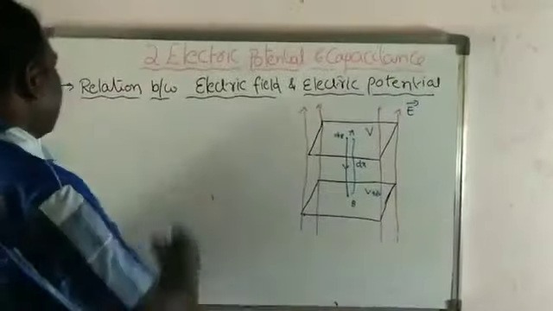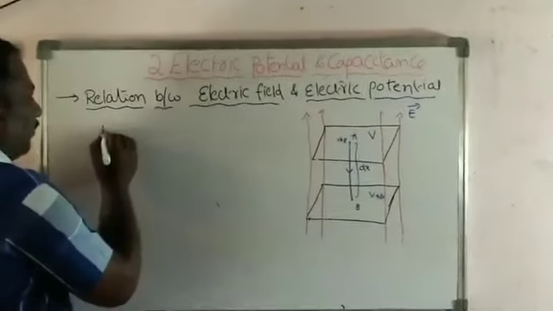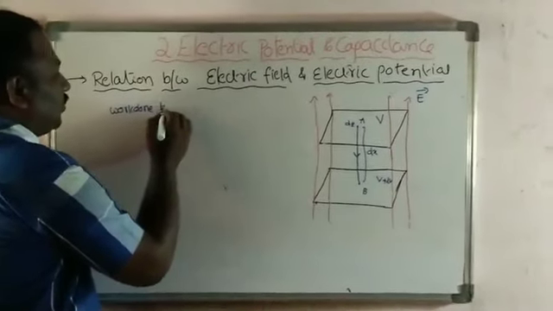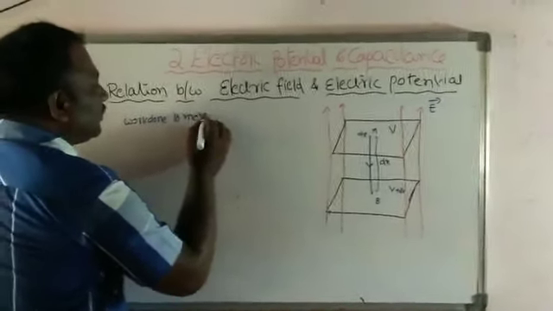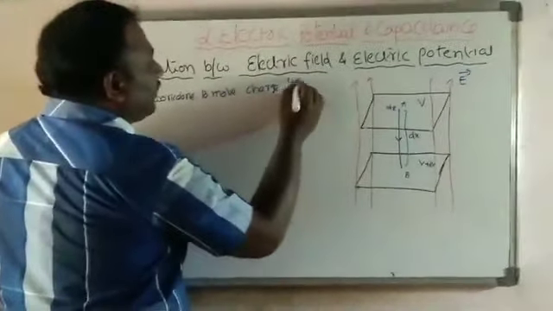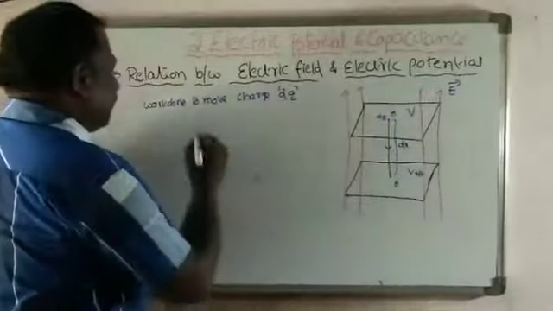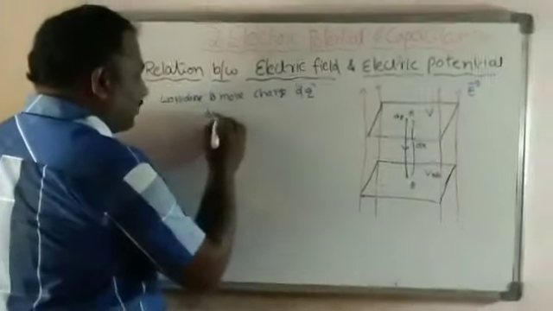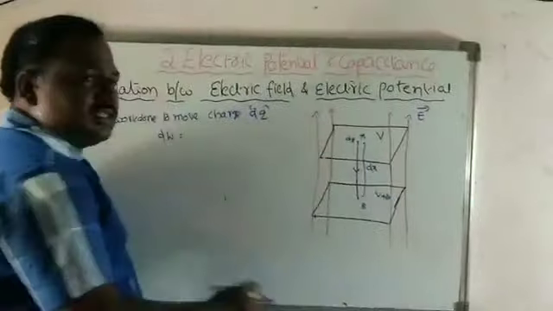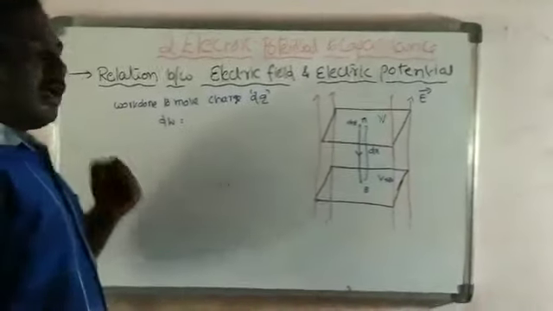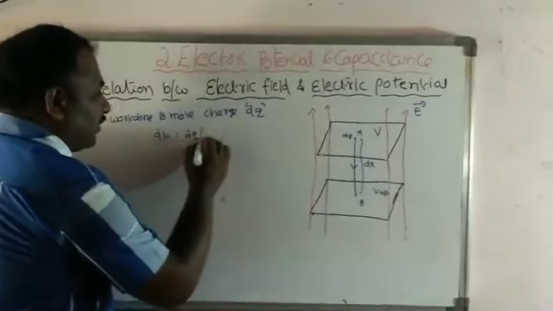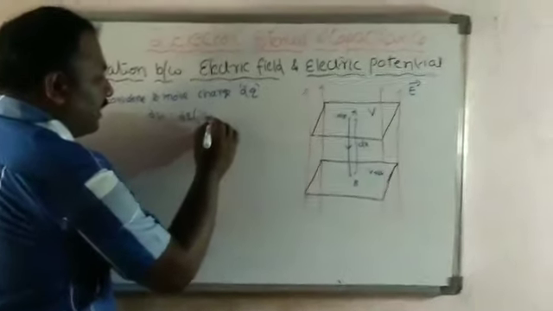Now, what is the work done to move charge dq? That is a small work done, dW, because I take a small charge. dW is equal to dq into the potential difference VAB.